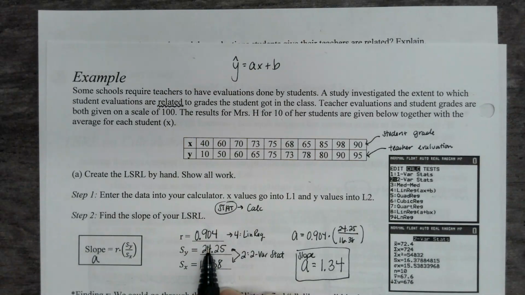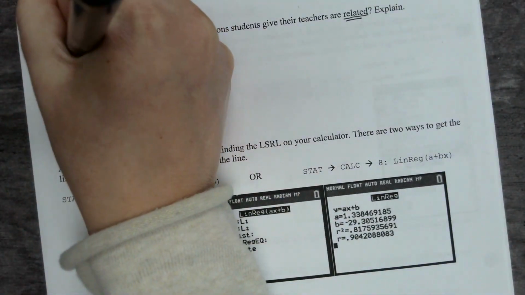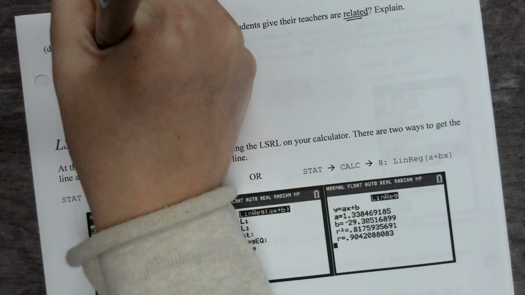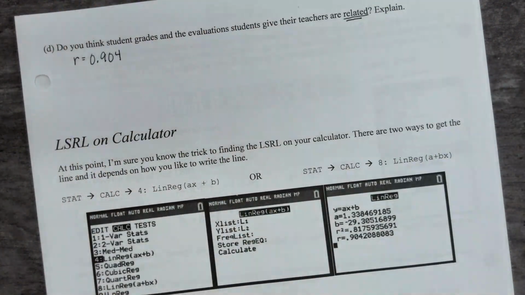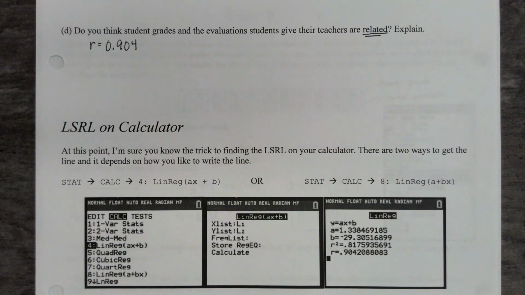And we talked about how our correlation coefficient is 0.904. So if I say that we have our R value is 0.904, well, this indicates, remember, we talk about our strength and how strong or weak it is.